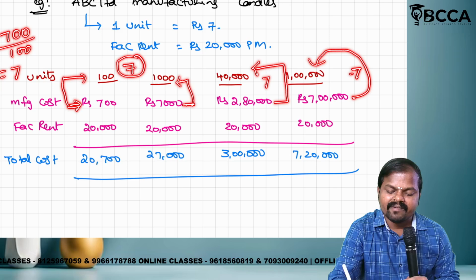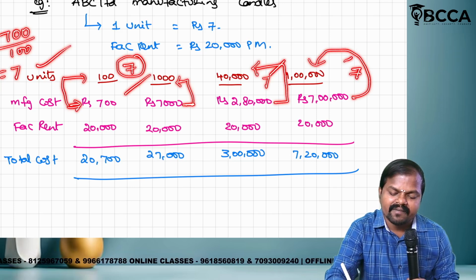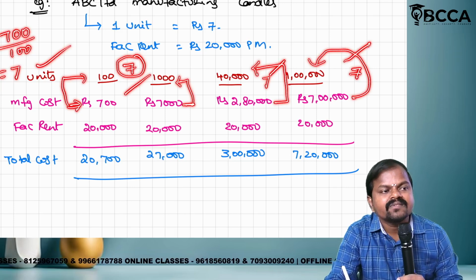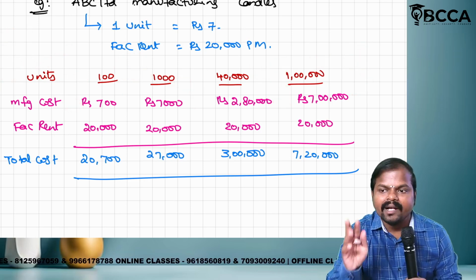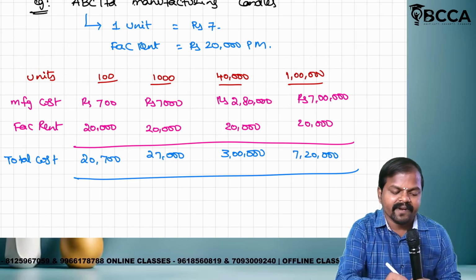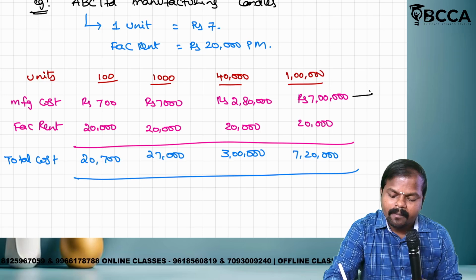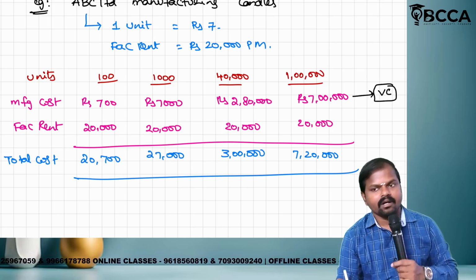How much? 7 rupees. Always getting answer 7. Cost per unit is same, or constant. We can conclude that under variable cost, condition 1 satisfied, condition 2 satisfied. Then the manufacturing cost in the given case is called variable cost.